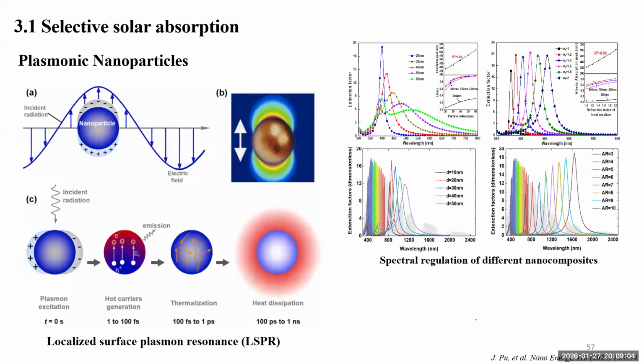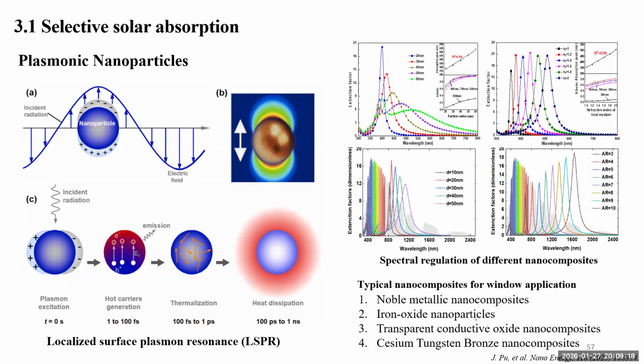There are different materials which can be selected to absorb the solar spectrum, through plasmonic nanoparticles, and even different nanocomposites for window application. If you have interest, you can also read the paper published by my research group.